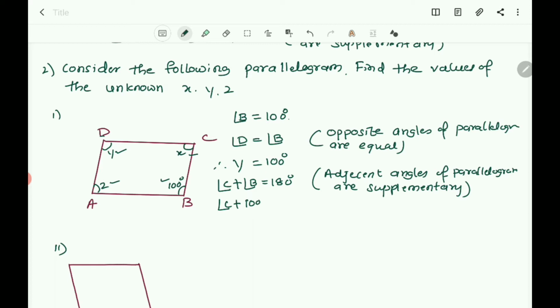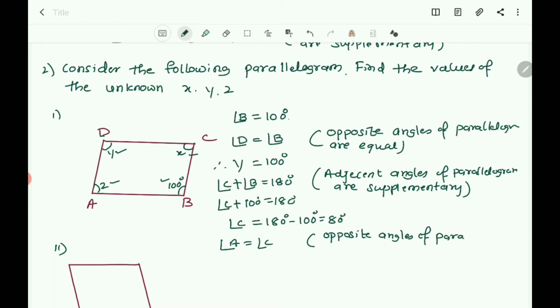That is 100 degree. So you can write angle C is equals to 180 degree minus 100 degree, that is equals to 80 degree you got. Next, angle A is equals to angle C. Why? Again you take opposite angles of parallelogram are equal here.